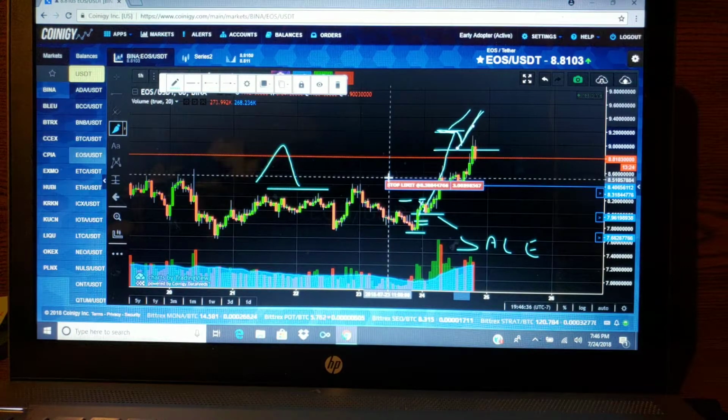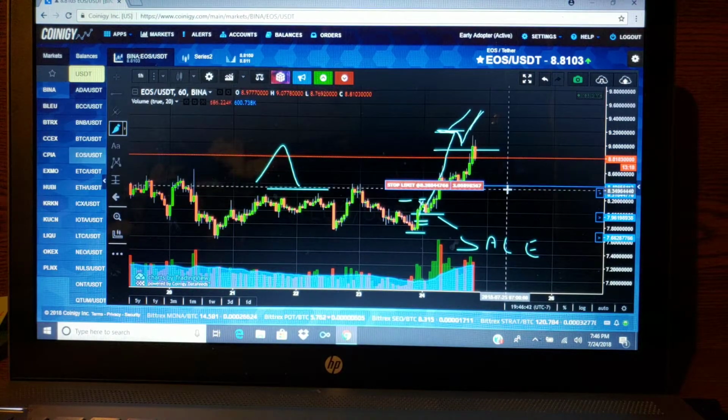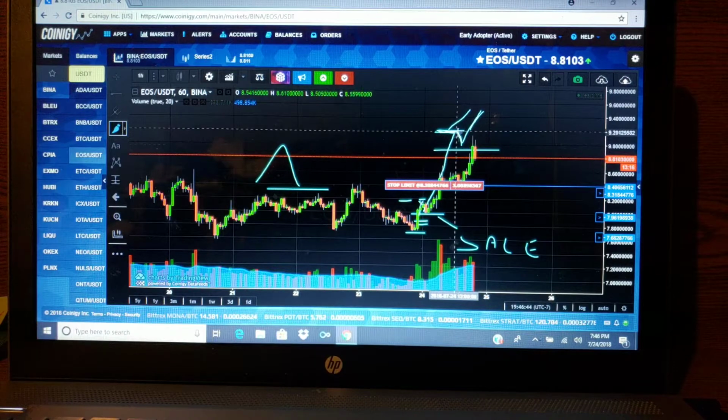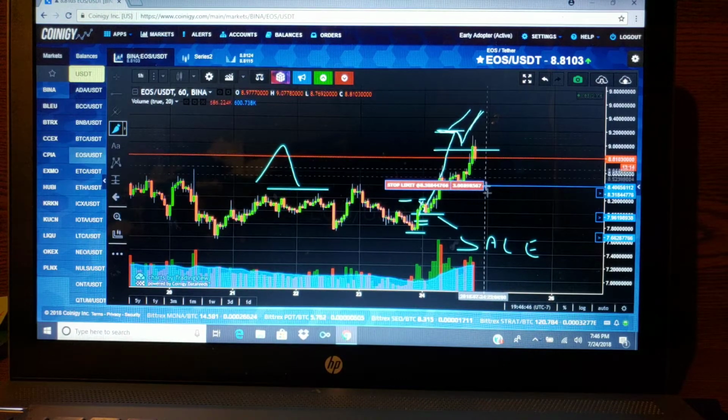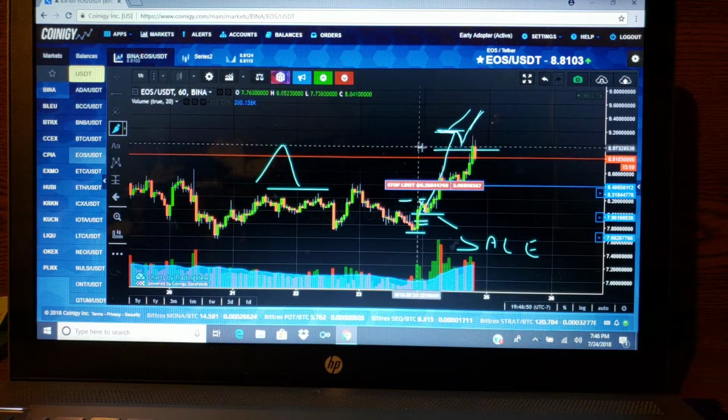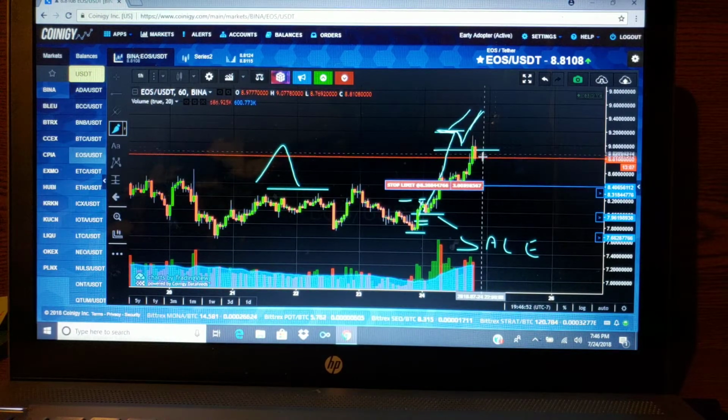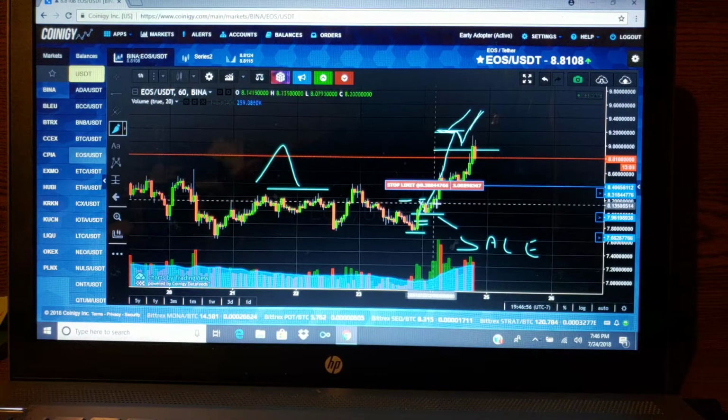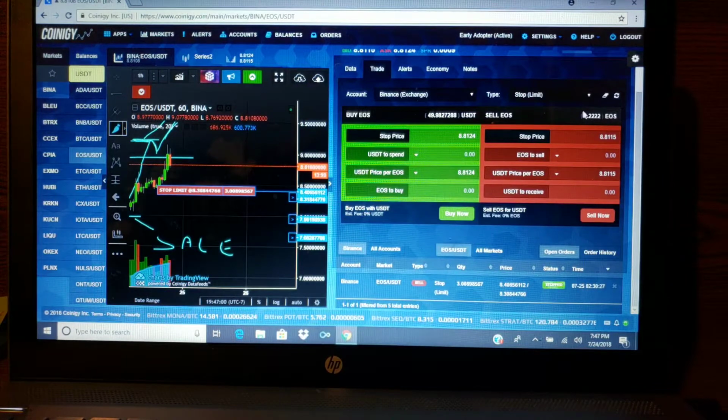But it's all in that window or the buffer that you allow this to let the chart move without hitting this and selling you off. So kind of like what we set up for our stop loss, other than the fact it will follow it up.